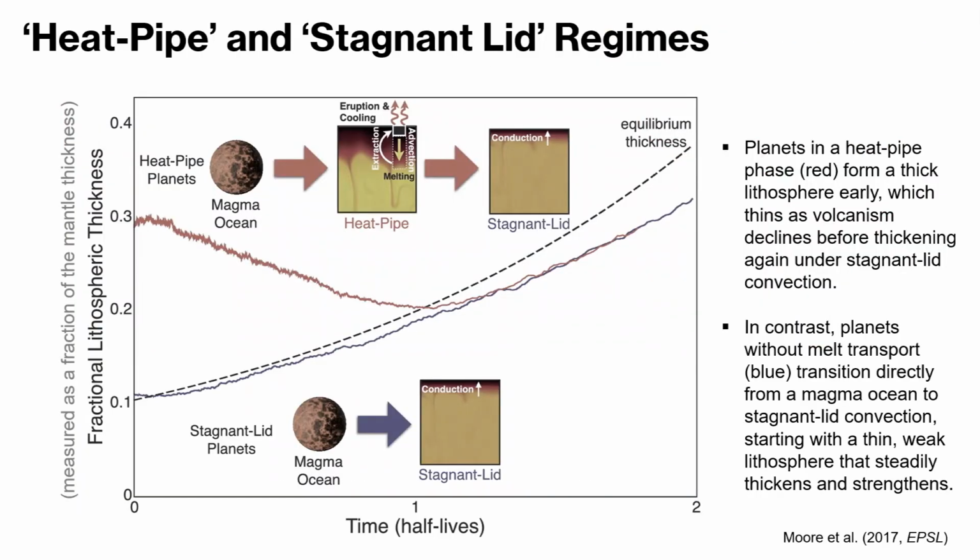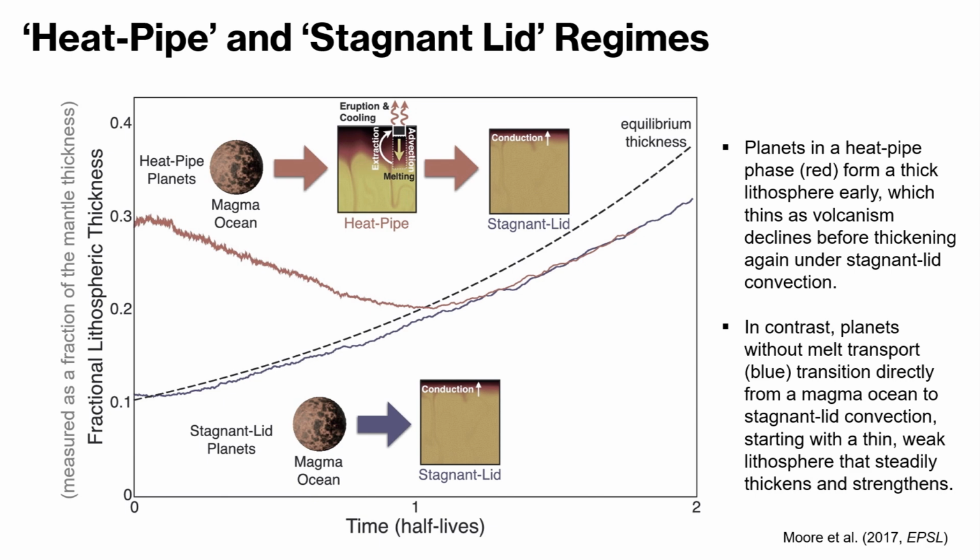And one thing which has been proposed as well is the concept of heat pipes. Heat pipes are, as they suggest, basically these kind of planes through the early forming crust which allow heat to escape to the atmosphere. And by virtue of having these heat pipes, we can basically cool and thicken the crust, so we get a much thicker crust early on in Earth history.